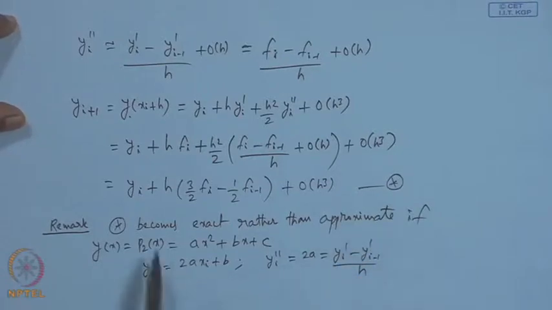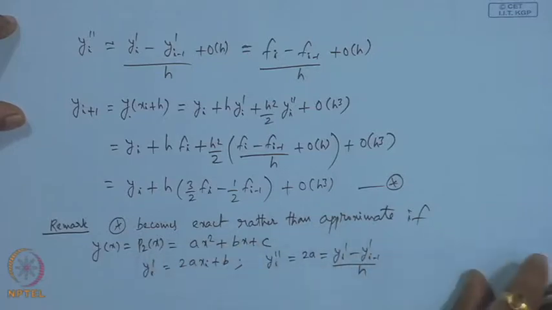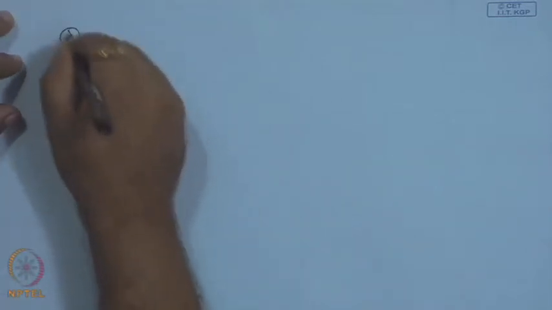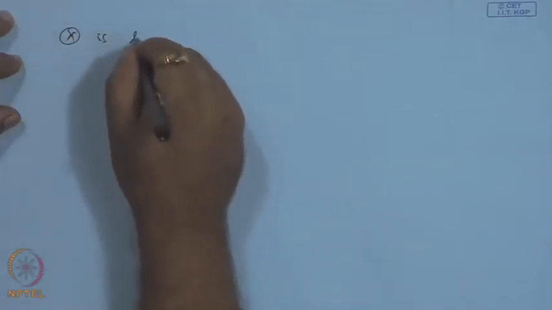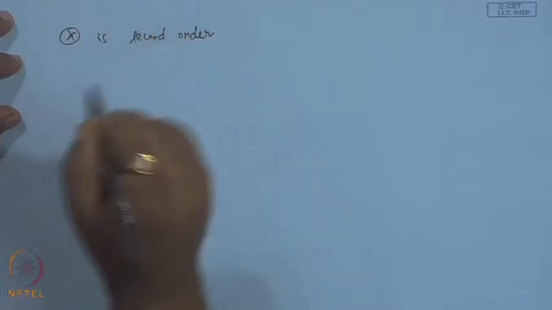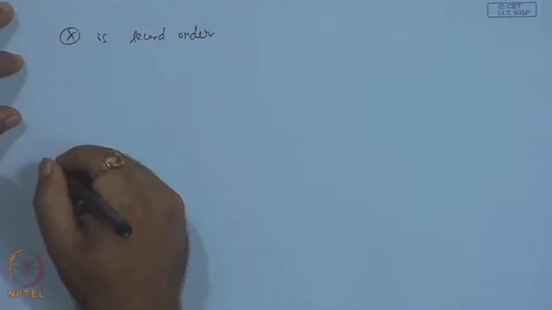So, this star becomes exact rather than approximation, because the coefficients are determined. So, star is second order.